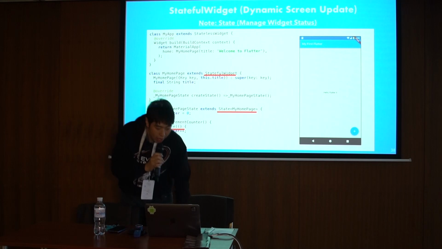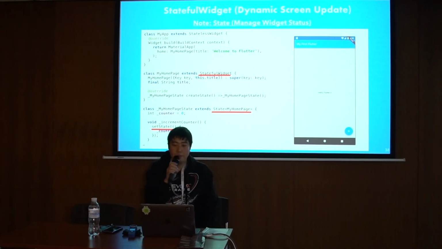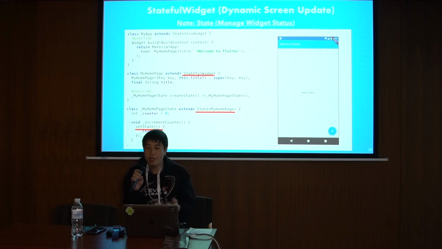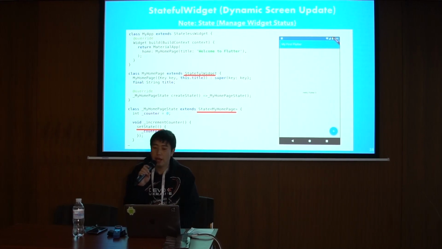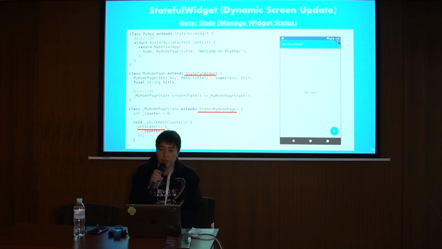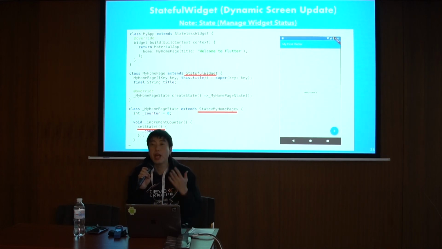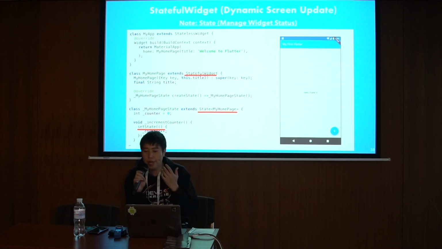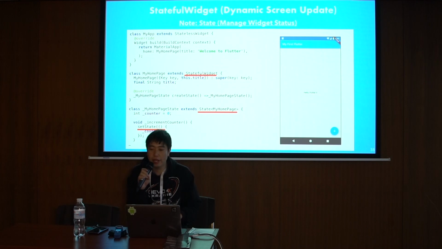This is an intermediate topic. If the application requires a dynamic screen update, we must use another widget, a stateful widget. The stateful widget can hold the state of the widget, so we can create a dynamically changing screen.